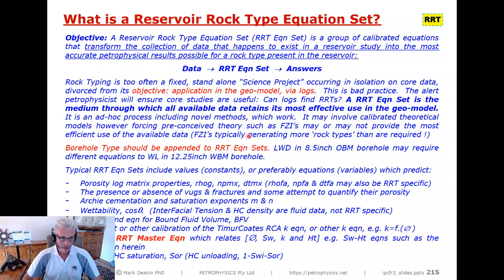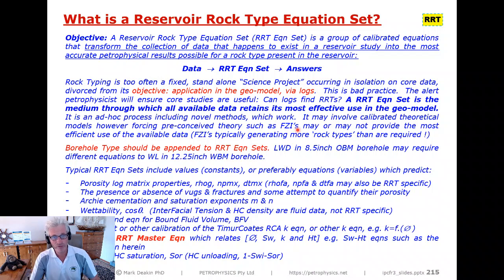And also I want to point out that it may involve calibrated theoretical models. However, I don't agree with forcing preconceived pure theory like Kozeny-Carman into this process. Petrophysics is empirical, and you need to look and see what works and then use it.